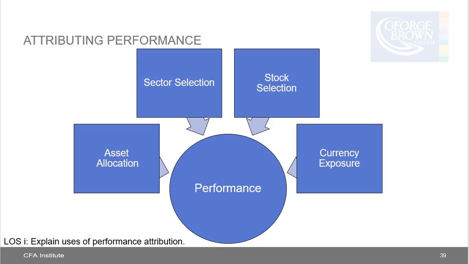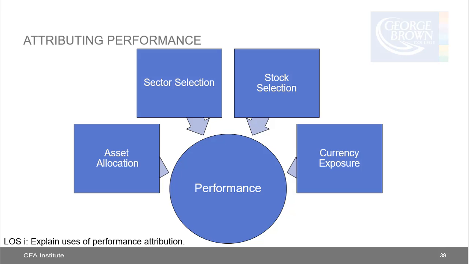Knowing where the fund manager's performance was derived from is useful information both for the clients of the fund and for the investment management company. For example, if a fund manager is good at stock selection but less proficient at sector selection, another fund manager may be asked to give advice on the sector selection aspect of the portfolio, allowing the original fund manager to concentrate on stock selection.